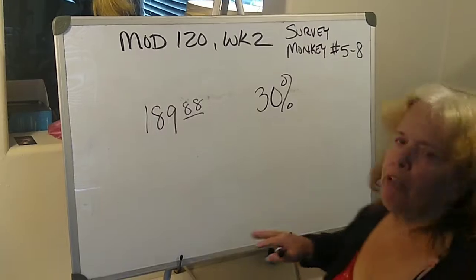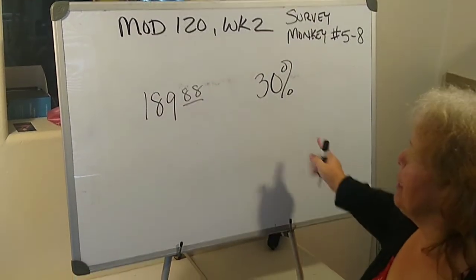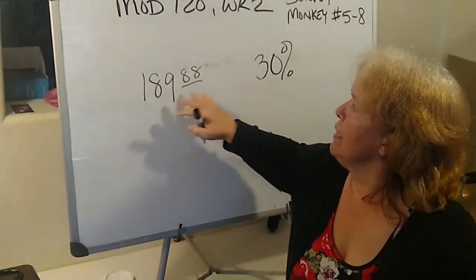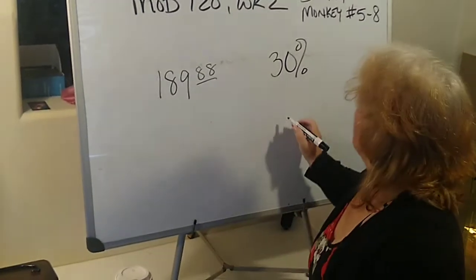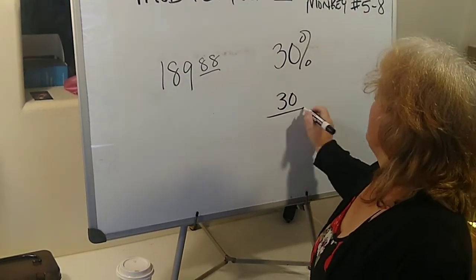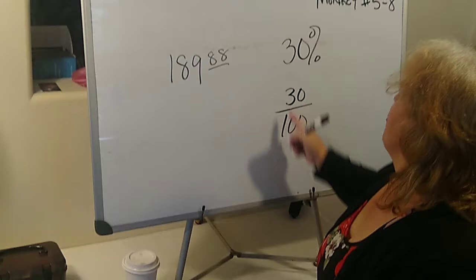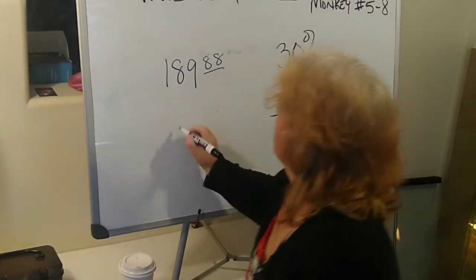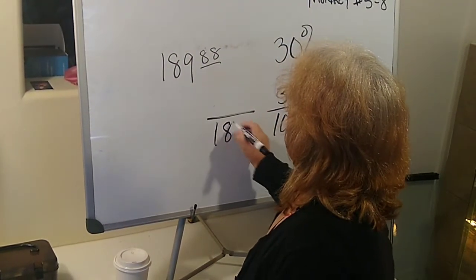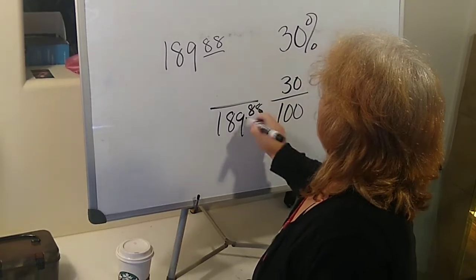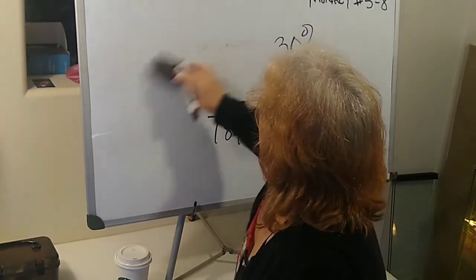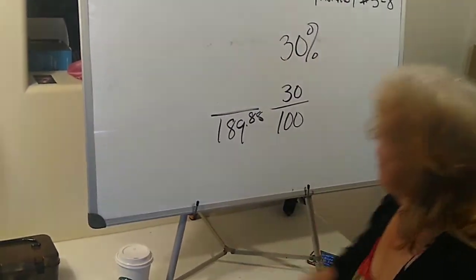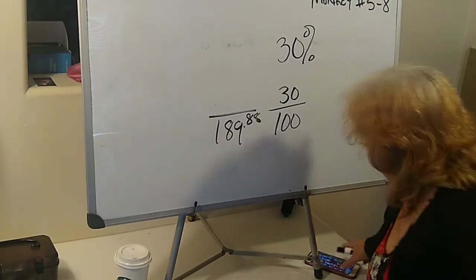So first of all, we need to figure out what is 30% of $189.88. So again, we have the percent, 30 over 100, and let's put the 189.88 right here. We'll have space here to work. All right, what 2 numbers cross each other?